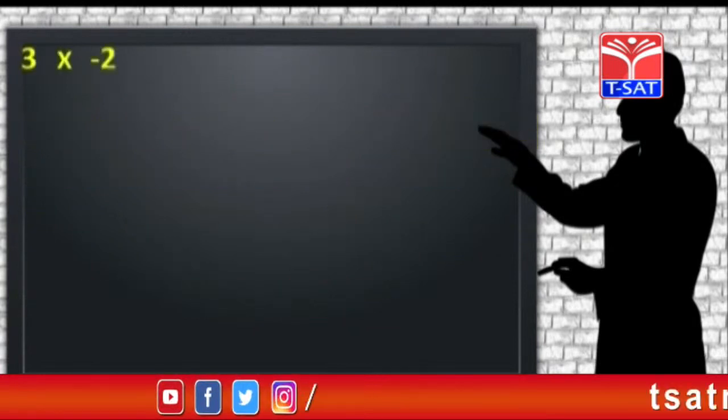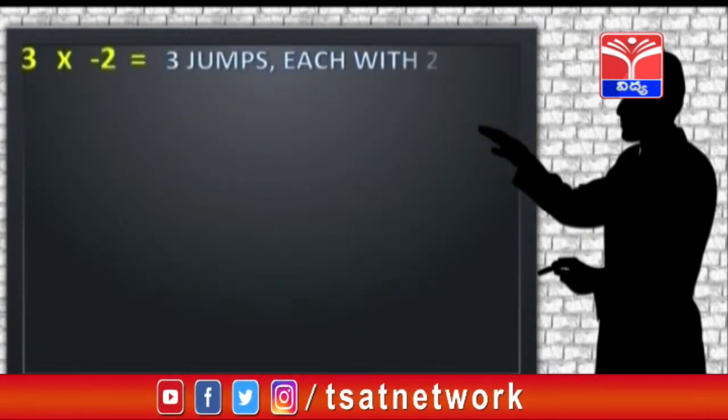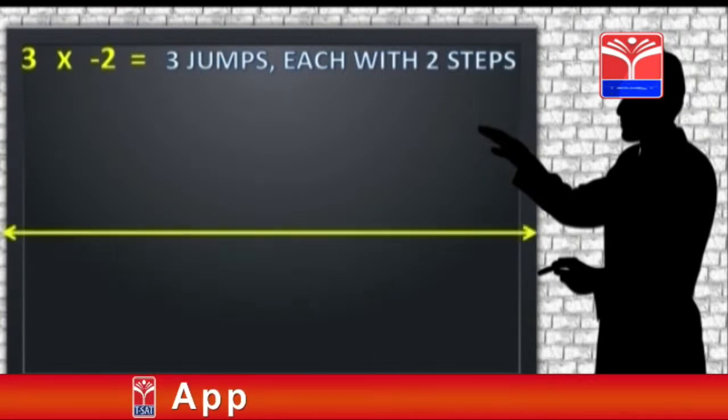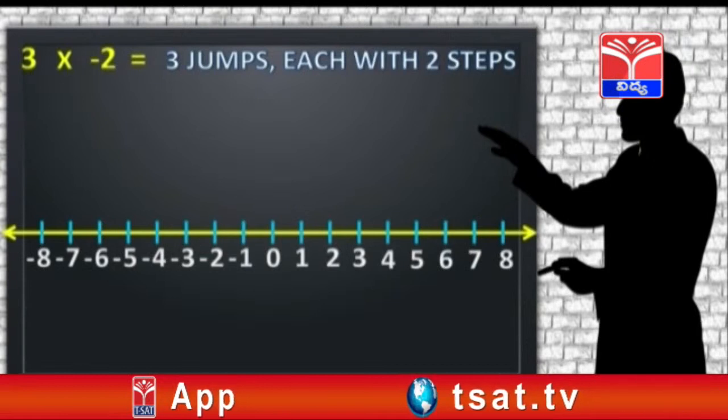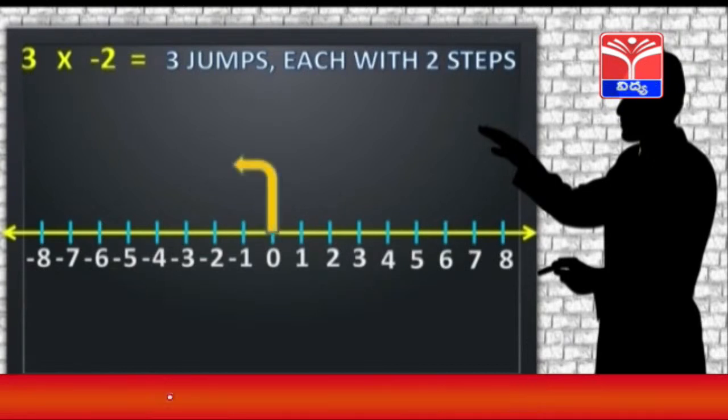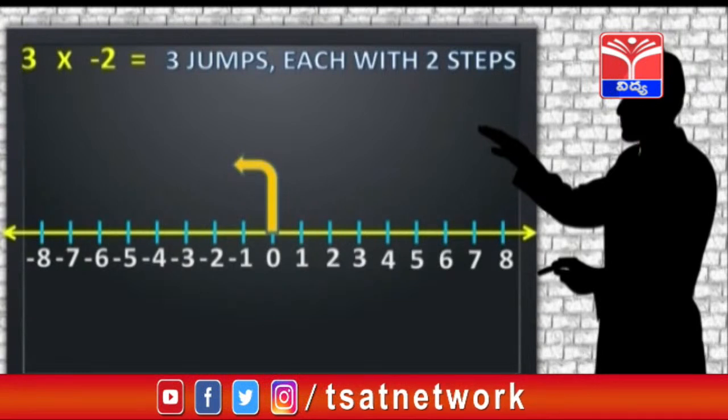3 into minus 2 means 3 jumps, each with 2 steps. Take the number line and mark the digits on the number line. I told you that we must move towards the left side of 0. And how many jumps we have to make here, dear students? 3 jumps.